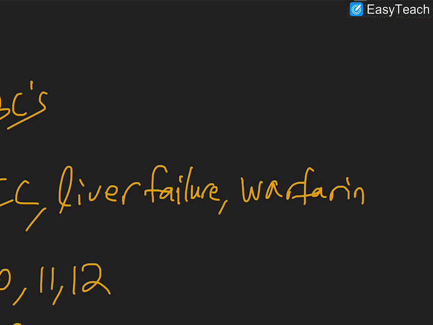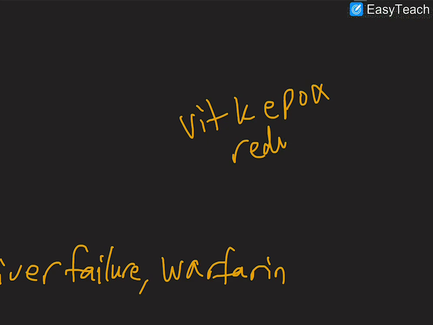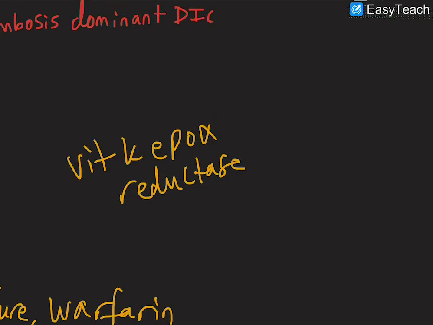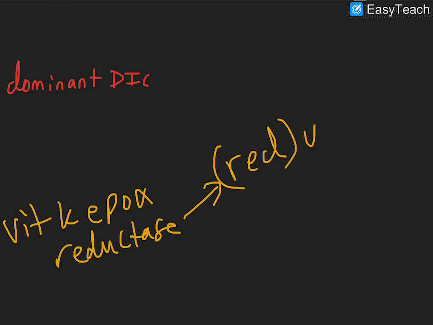But if you gave too much warfarin, you inhibit vitamin K epoxide reductase, which means you can't have factors 2, 7, 9, and 10 functioning properly. Because remember, we went over this in a previous video, vitamin K epoxide reductase reduces vitamin K, so you get the reduced form of vitamin K.